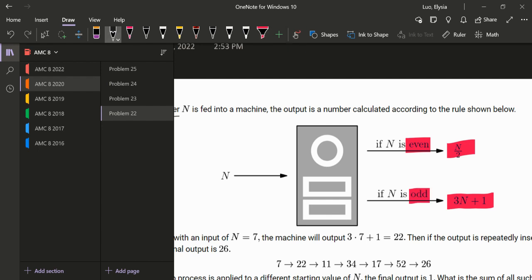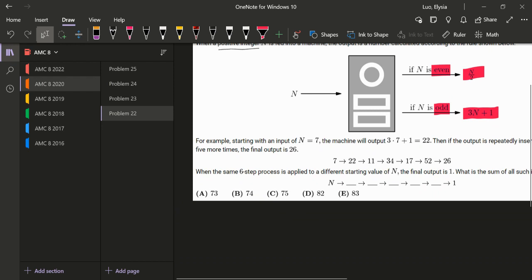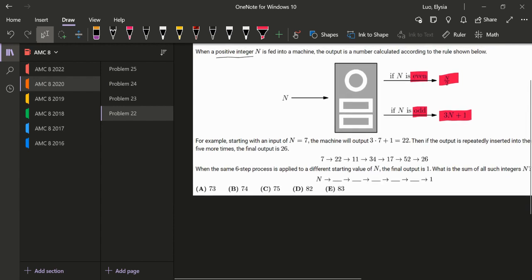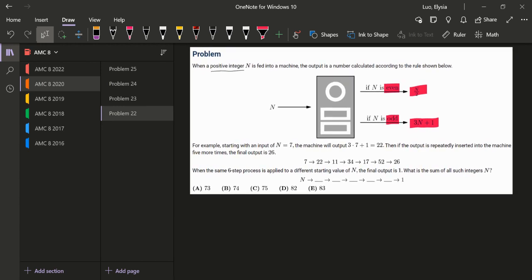Moving on, for example, the starting input n equals 7. This part is not really important to the rules of the question because it's only an example. Now, if the same 6-step process is applied to a different starting value of n, what is the sum of all such integers n?